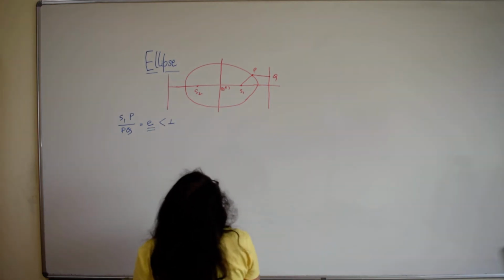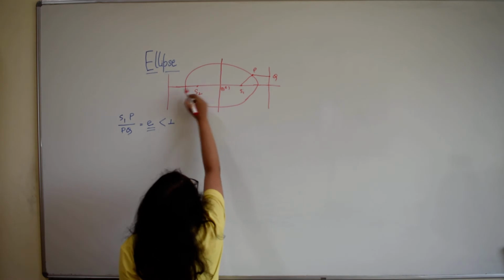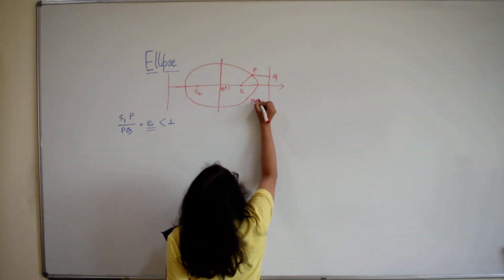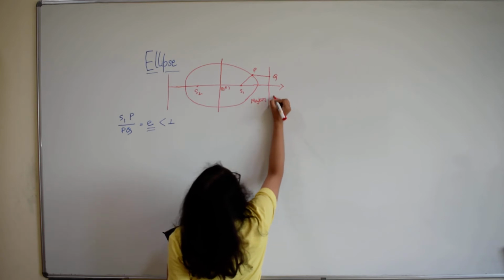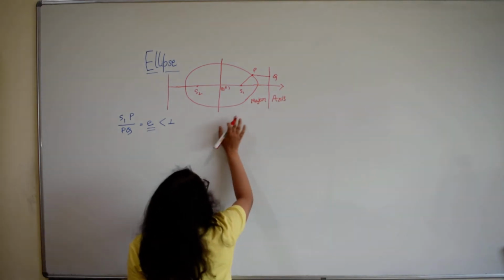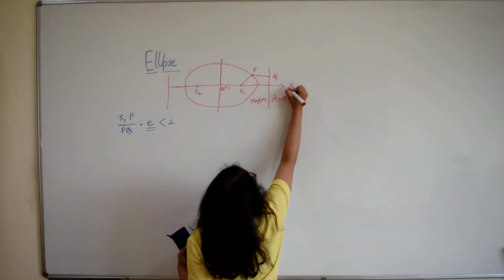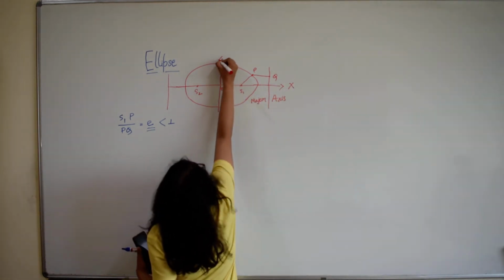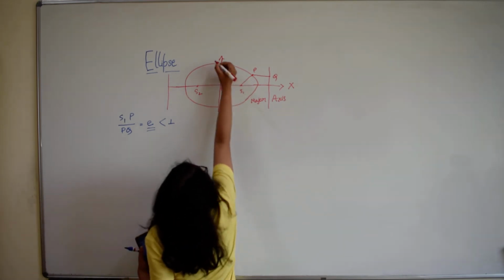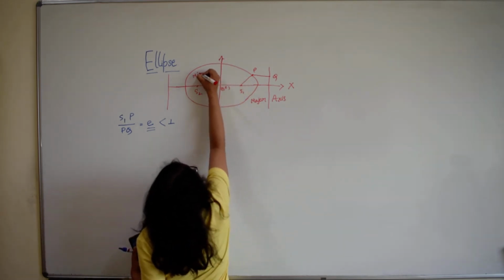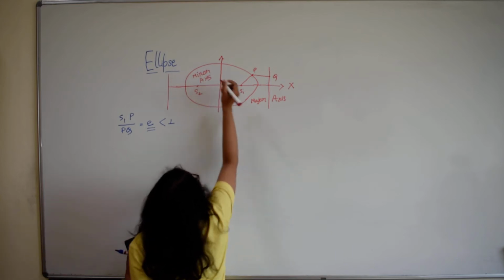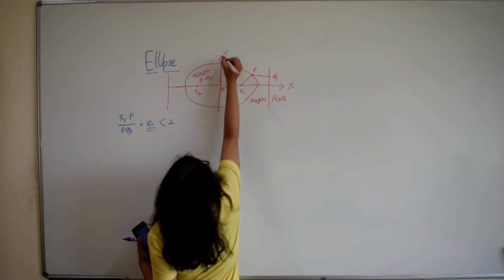Now in the ellipse, this axis is called the major axis. For the standard form, we take this axis as the x-axis. This is the minor axis. And for the general form, we take this as the y-axis.